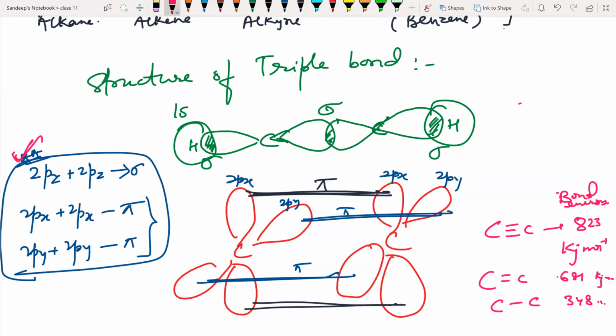So ethyne, we see that ethyne is a linear molecule, as I have discussed this before.